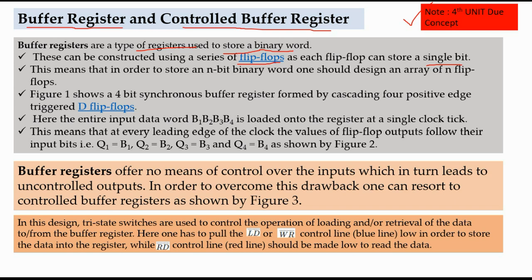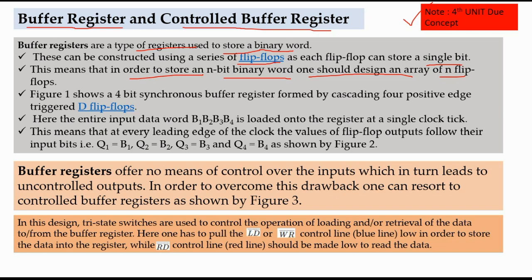In order to store an n-bit binary word, one should design an array of n flip-flops. If you want to store an n-bit binary word, you need to connect n flip-flops together.